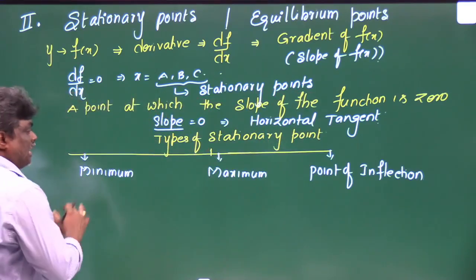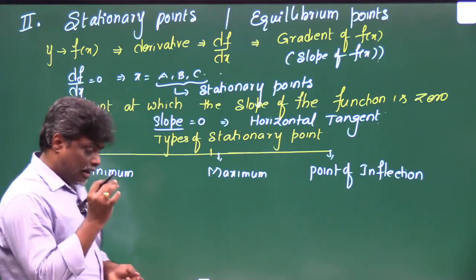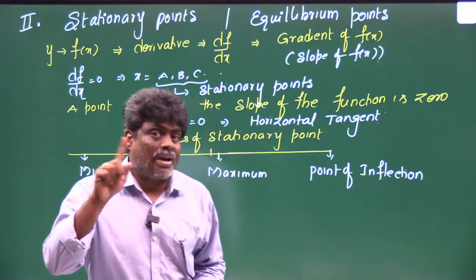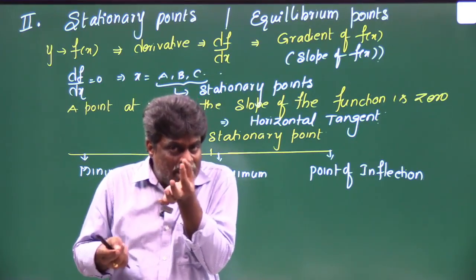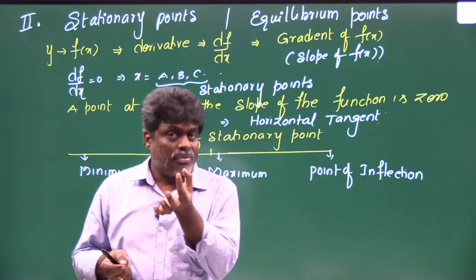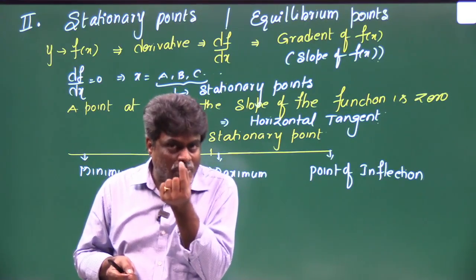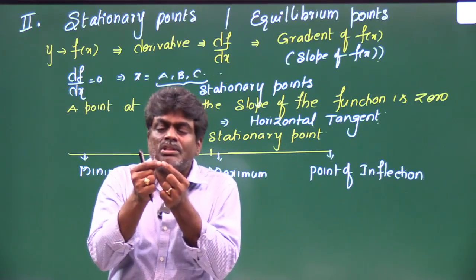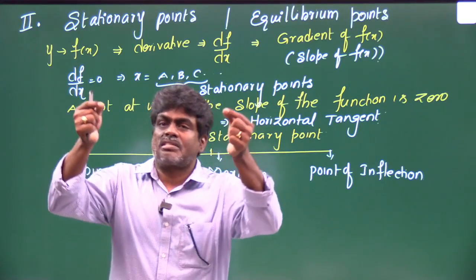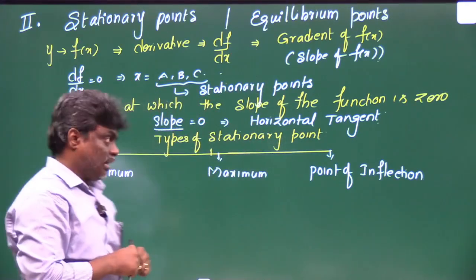So what is meant by minimum? At that point the function value is minimum. If you want to say the function value is minimum at a particular point, then on either side of that point the function value should increase.